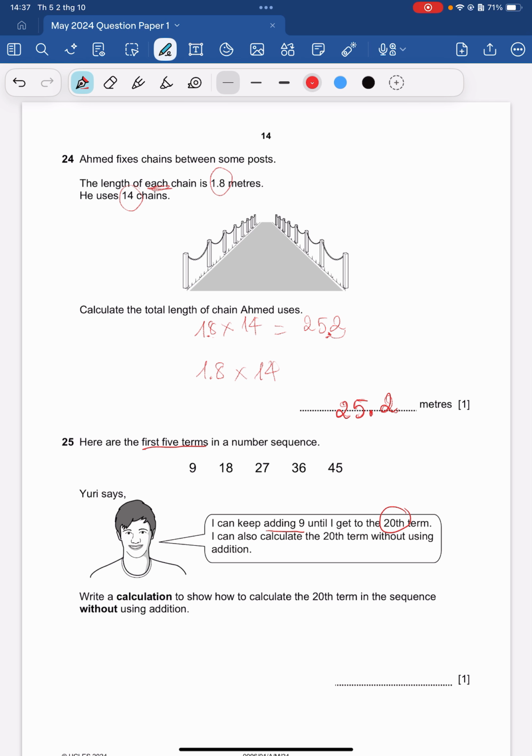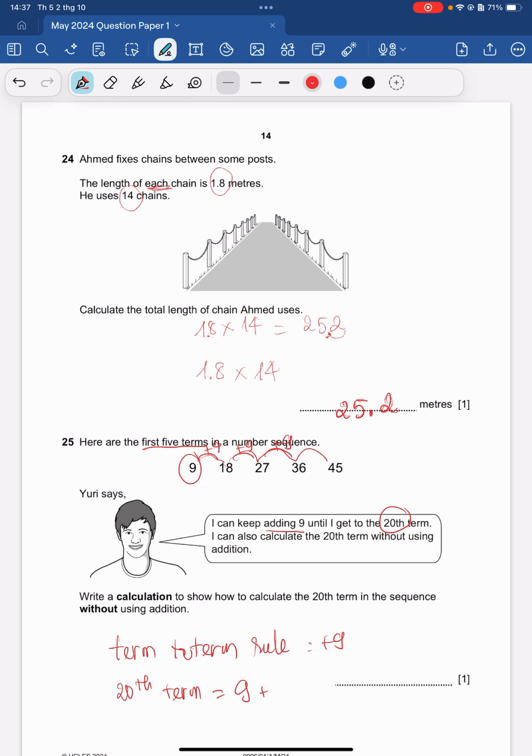Okay, so let's see. First I see there's a term rule, like add 9, right? Okay, so let's see. If I have the 20th term, I want to take the first term, and you can see from the first number to the fifth number, we add 1, 2, 3, 4 jumps.